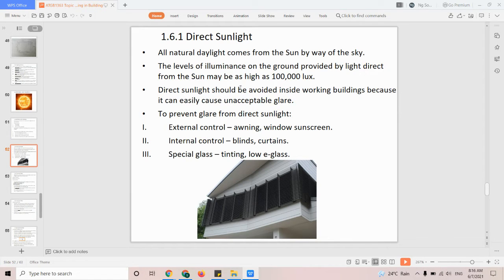So this is just one of the example lah. Or maybe you have a phone, you're trying to look at your phone and you're outside and the sun is glaring at you. So you'll notice that you will not be able to see your phone because it is so bright that it is blinding the information that you want to read.